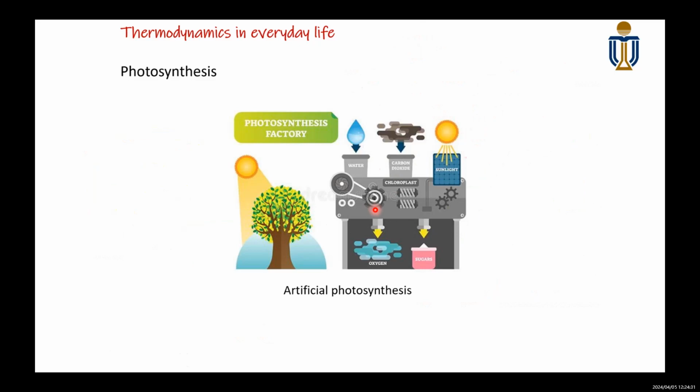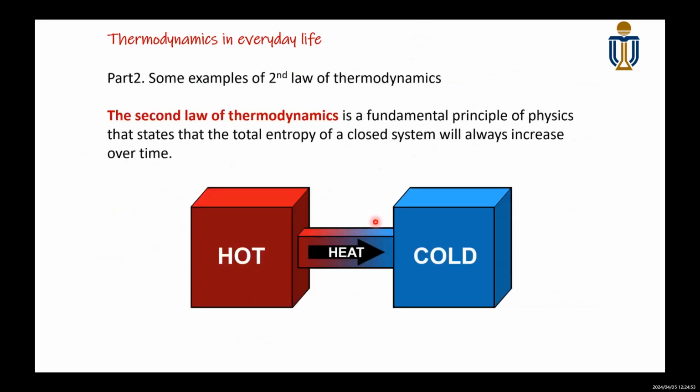This electric current is then used to drive the chemical reaction that converts carbon dioxide and water into energy-rich molecules. The goal of artificial photosynthesis is to develop a sustainable and renewable source of energy that can help reduce the effects of climate change and the dependence on fossil fuels.